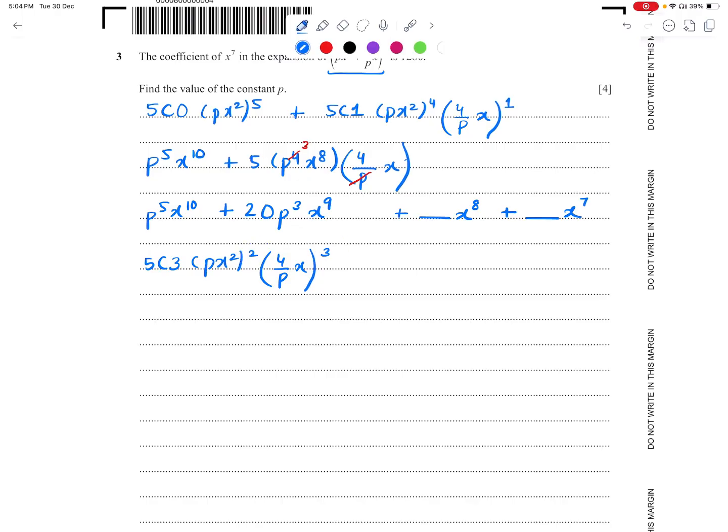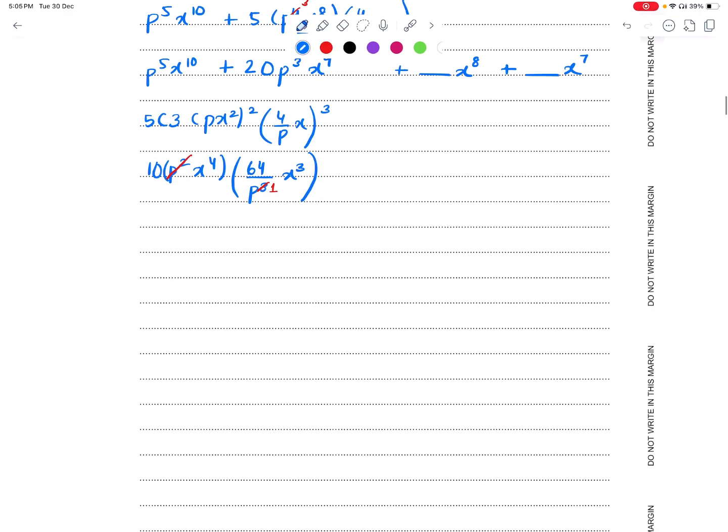This is going to leave me with 10 p square x raised to power 4, 64 over p cube into x cube. Now I can say this cancels out, this becomes 1, and that leaves us with 640 over p x raised to power 7.